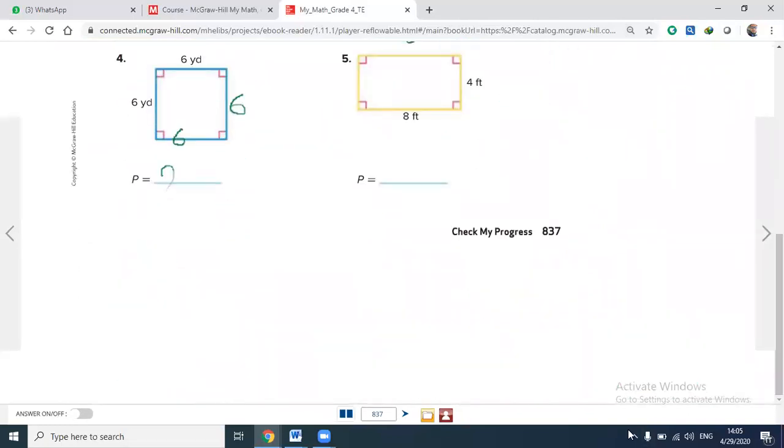Okay, the second one has 8 and 4, right?